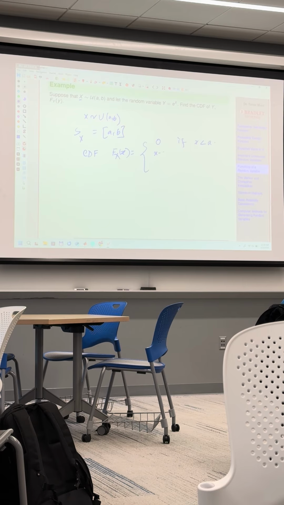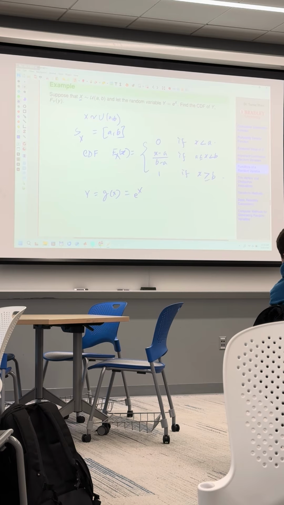It is (x minus a) over (b minus a) if a is less than or equals x less than b, and it is 1 if x is greater than or equals b. That is the explicit expression of the CDF. So this is known, and you also know y equals g of x, which is e to the x. So you know the exact function.